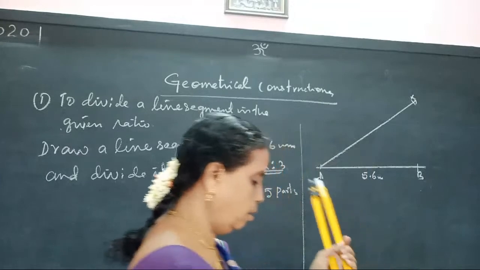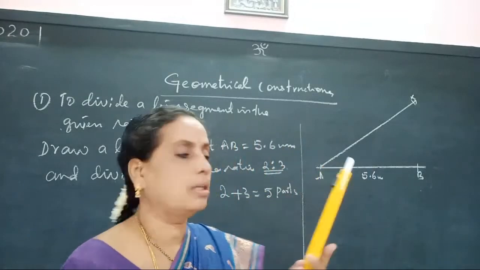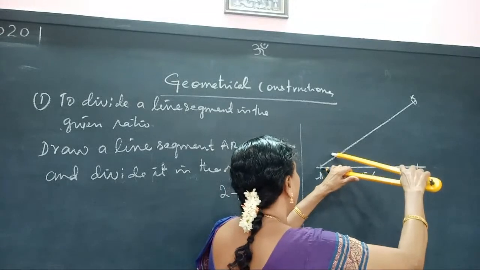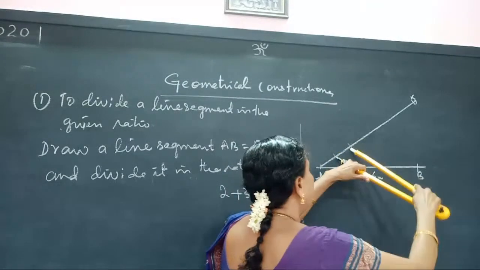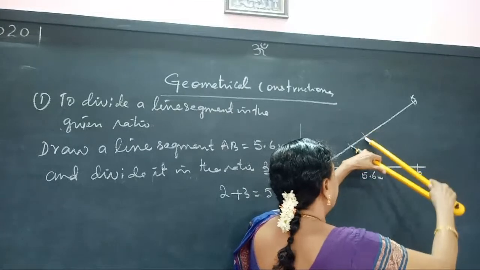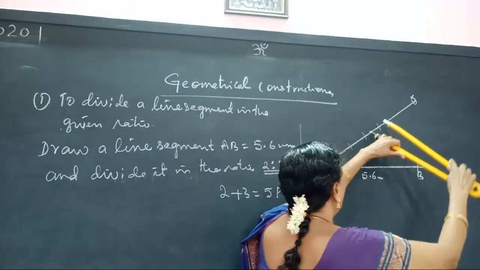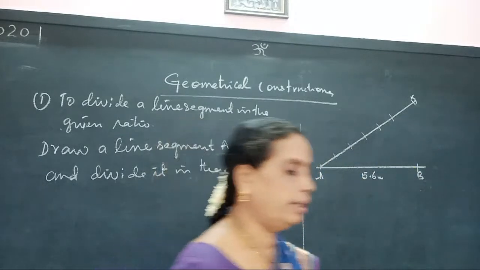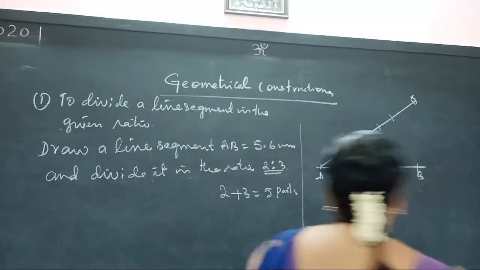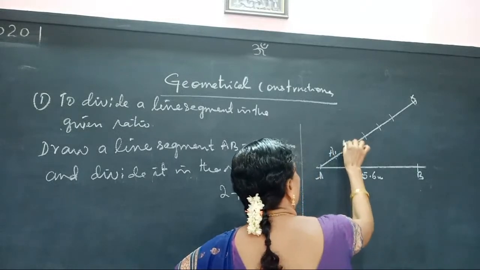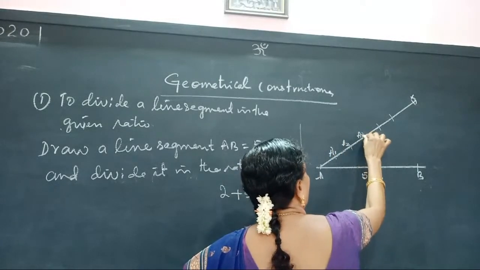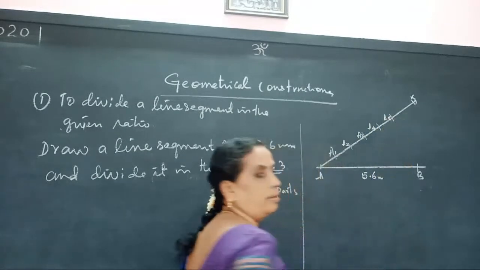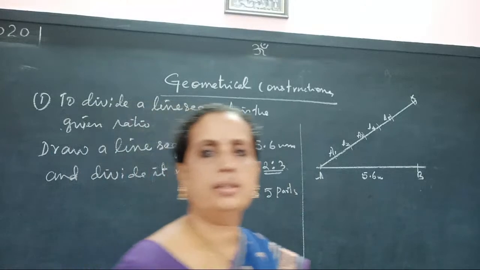Now here, using your compass, divide the ray into 5 equal parts. Name it as A1, A2, A3, A4, A5. Are you all doing?